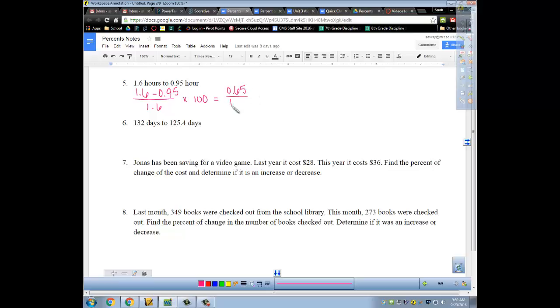Then rewrite the rest of the problem. 0.65 divided by 1.6 is about 0.406. And then when you multiply that by 100, you're going to get about 40.6%. And then it went from 1.6 to 0.95, so it went down, so that's a decrease.